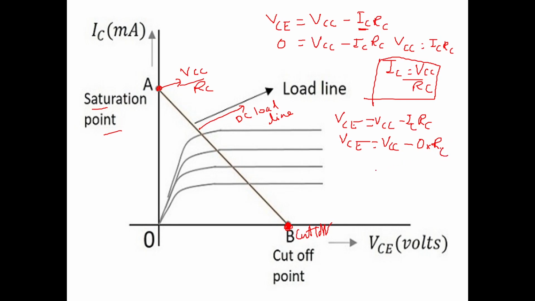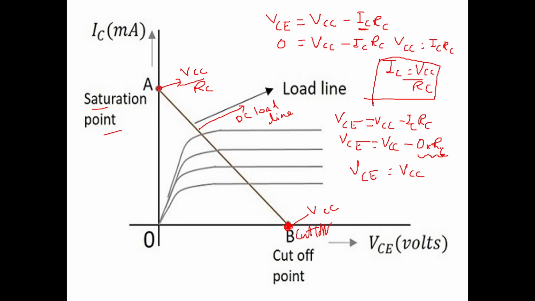This will become 0, so this equation will be VCE is equal to VCC. This point B will be VCC. Now if you join point A and point B, then that will be called a load line.